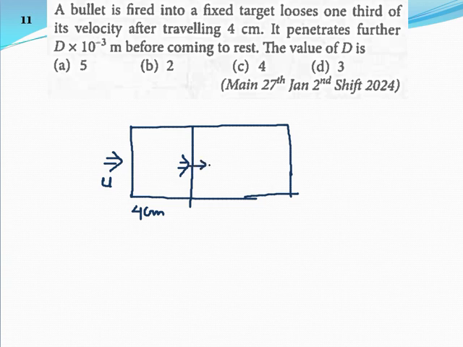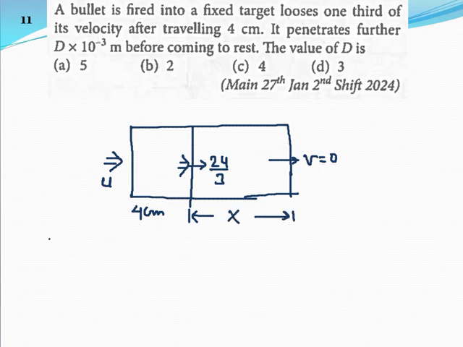It means the velocity retained becomes 2u by 3, and suppose here it stops. So this asks how much it penetrates further before coming to rest. This x distance we have to calculate.